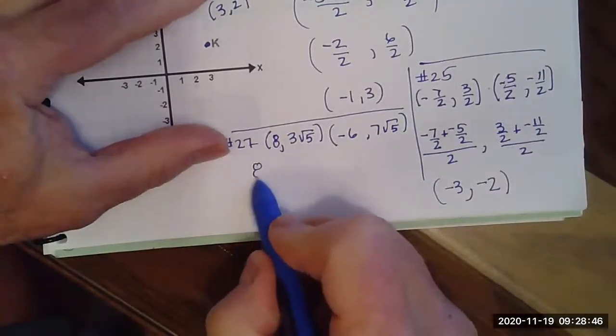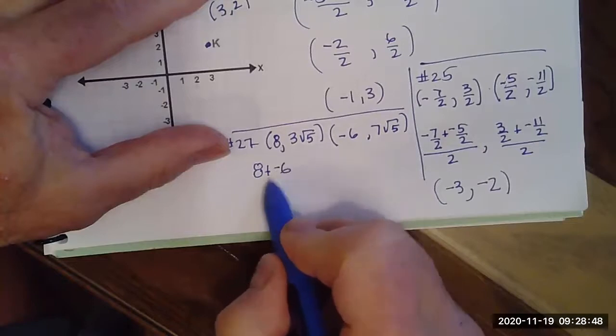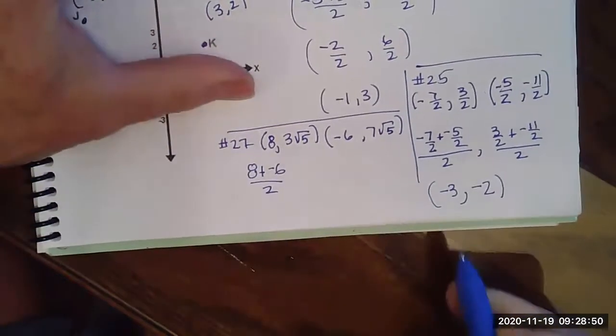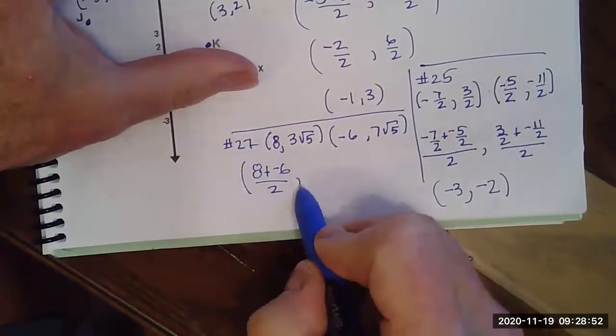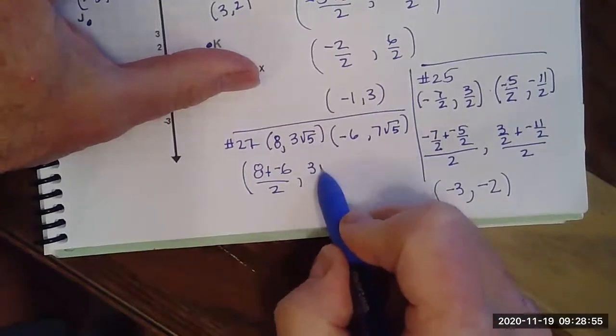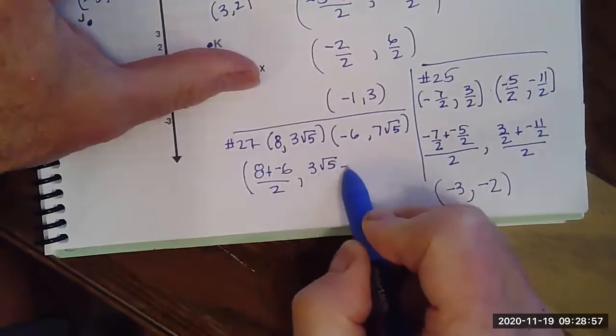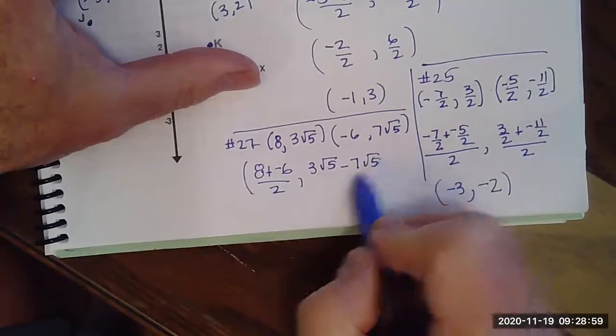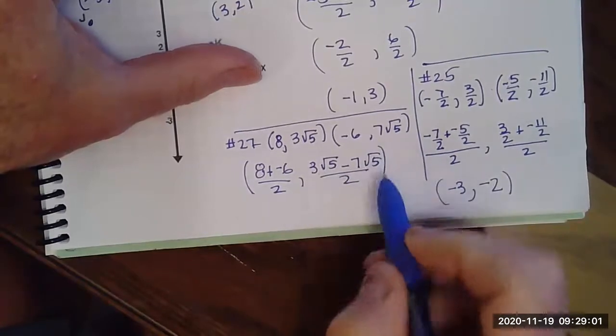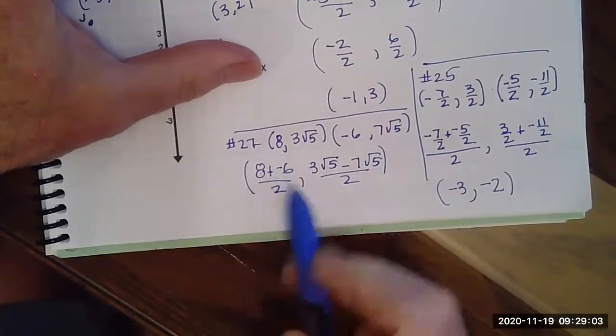So, all right, fine. You want to see the setup. I know a couple of you do, no problem. And then you've got 3 root 5 subtract 7 root 5 all divided by 2. Okay, that's 2 over 2 is 1.